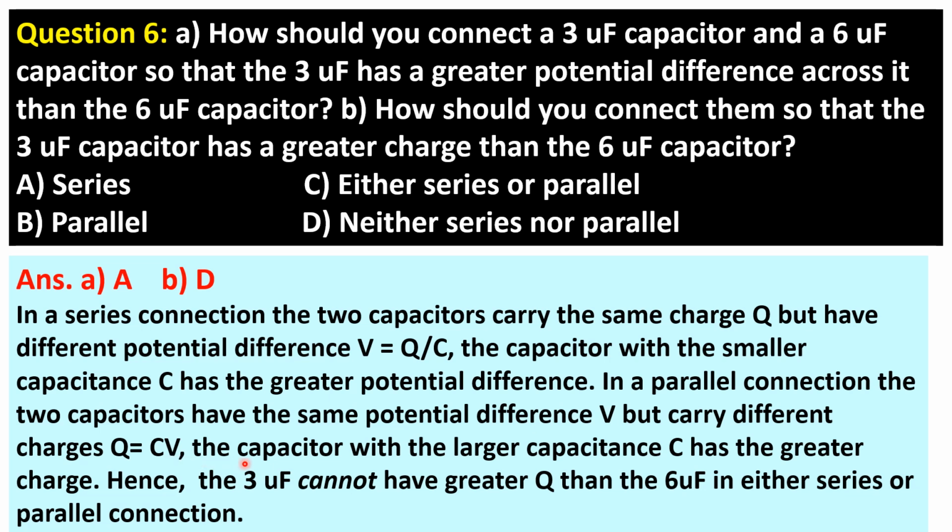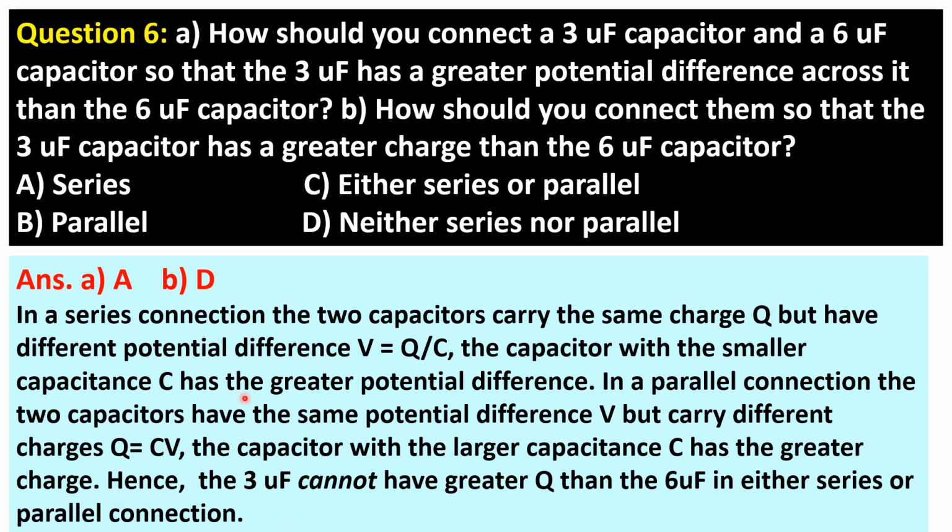Careful analysis would tell us that the 3 microfarad capacitor, or the one with the smaller amount of capacitance, can never have greater Q than the 6 microfarad, whether they are connected in series or in parallel. It is always the capacitor with the greater capacitance that shall have the greater amount of charge Q, based on this formula.